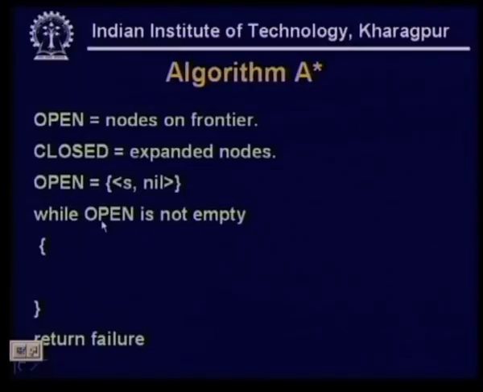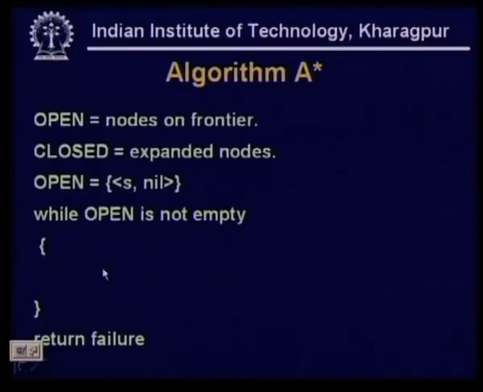While open is not empty, certain things are done. In this loop that we will see in the next slide, we try to see if we can find a path from the start node to a goal node. If we do not find such a path in this loop and we have no more nodes to expand, that is open becomes empty, the algorithm should return failure. Now, this is what we do in the body of this loop.